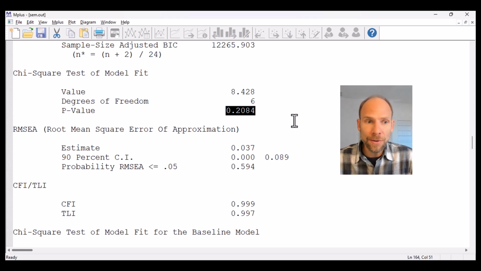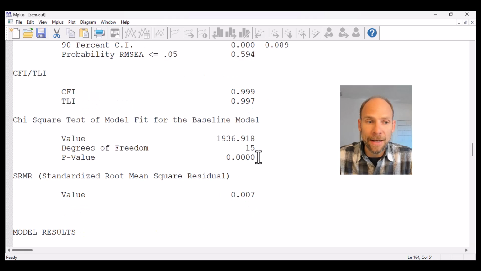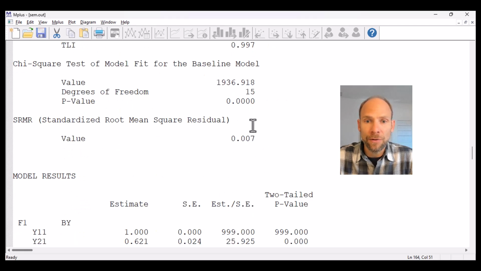So it could be the right model for these data. So that's good news. And then there are other fit statistics as well, which here also indicate good model fit. The RMSEA is smaller than a common cutoff value of 0.05. The CFI and TLI are near 1, which is a good sign. And then the SRMR coefficient indicates that the average standardized covariance residual was very small, 0.007.